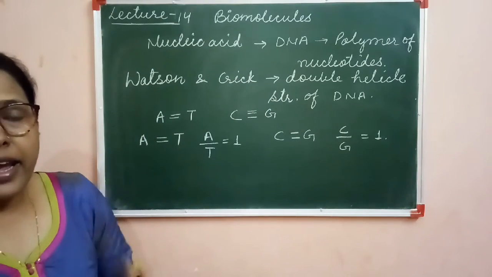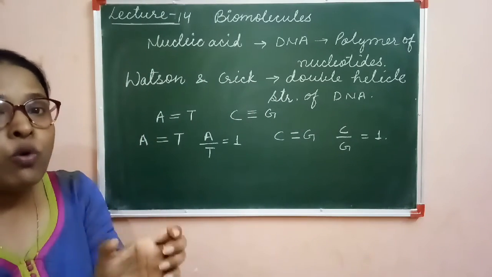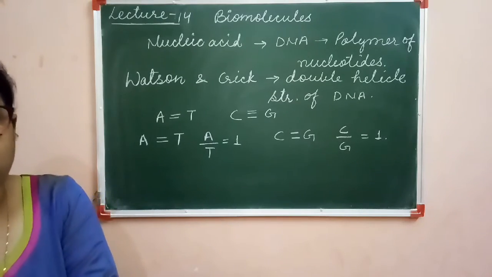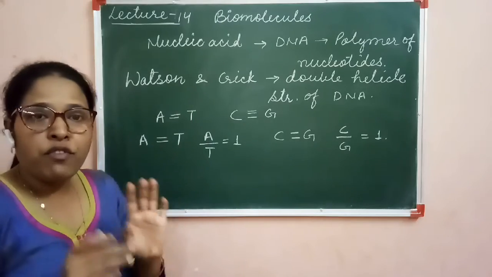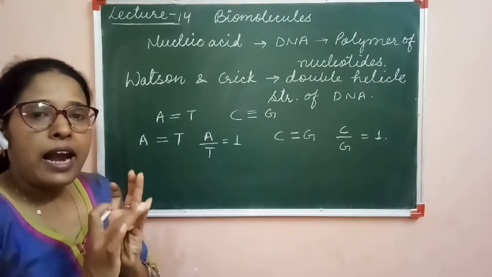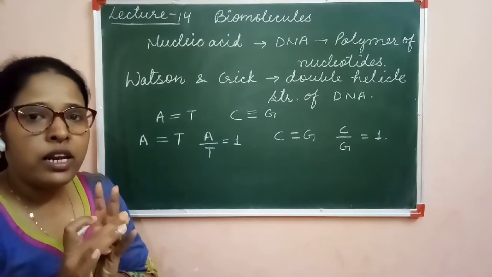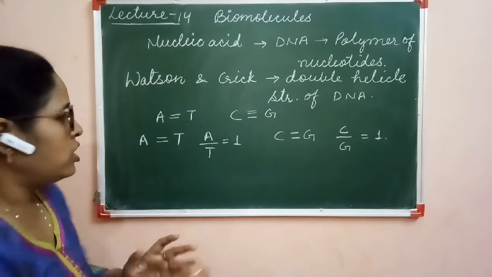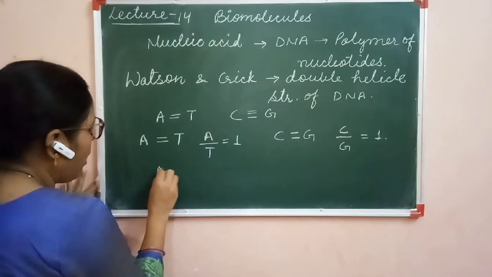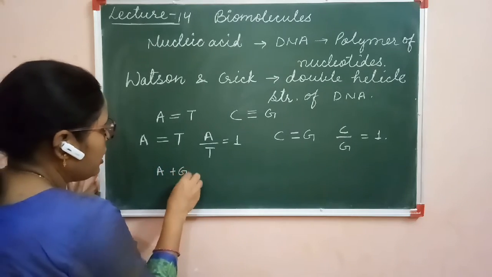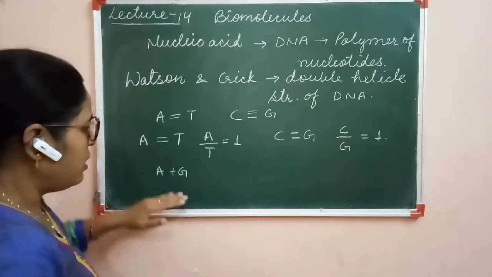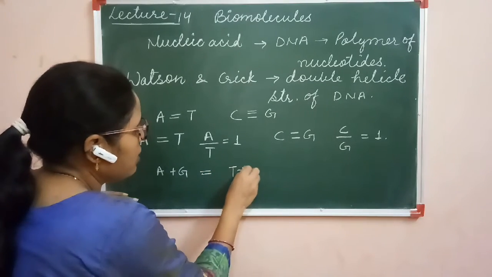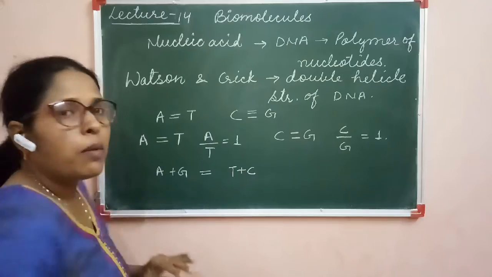Clear? A plus G, it means the amount of both the purines is equal to the pyrimidines. In DNA, adenine and guanine are the purines, and thymine and cytosine are the pyrimidines. So the amount of A plus G, the purines, is equal to T plus C, the pyrimidines.